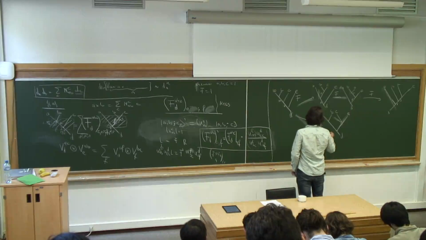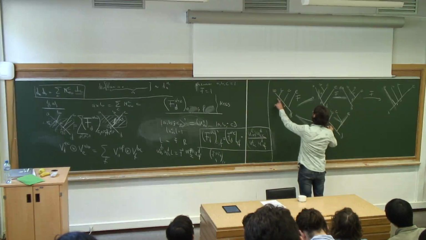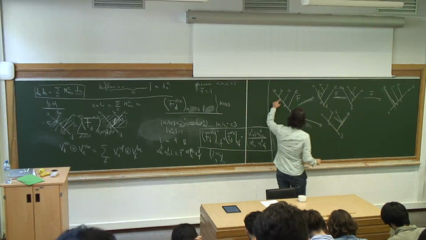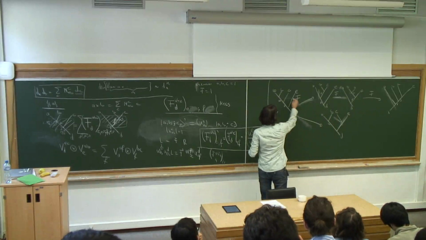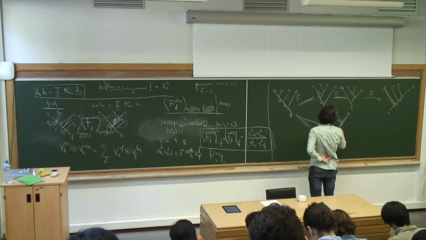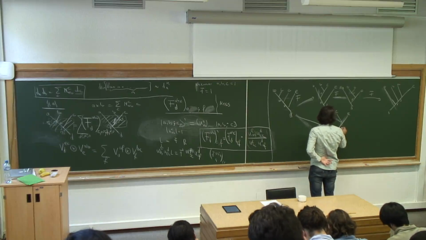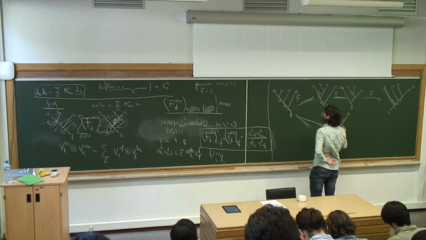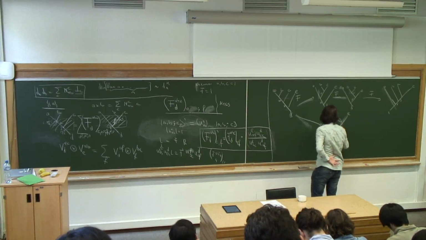So this doesn't change. It's still M. So I'm making an F move here. But this changes, so call it R, S, T. I use T, call it L. Okay?